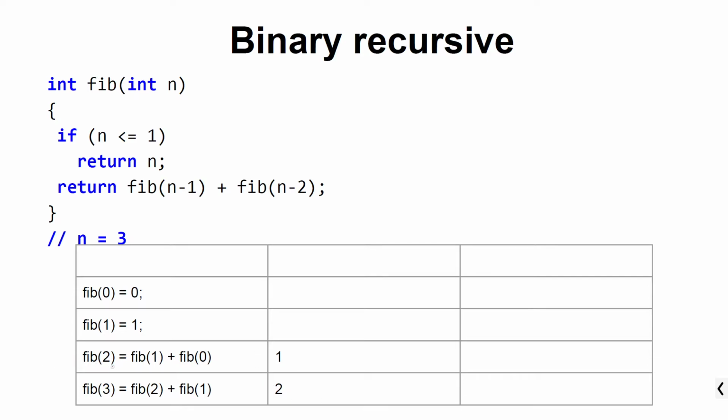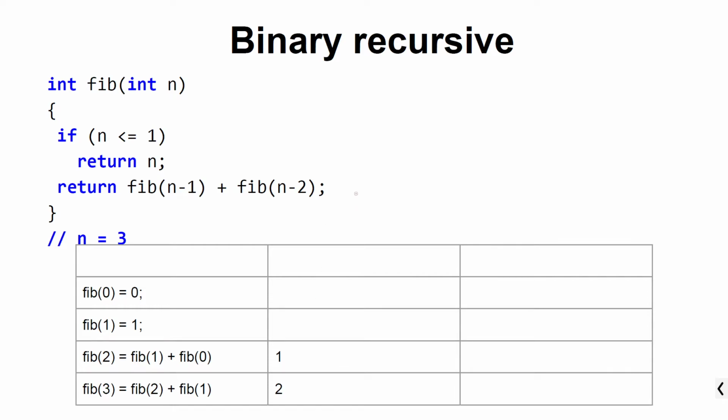Now we're moving to fib2, fib1 plus fib0. Then you need to make the branch: fib1 equals 1 and fib0 equals 0, because we're returning n in the base case. And when you have fib 0 and 1, in fib2 you add 1 plus 0 is 1, and adding here 1 you will get 2.